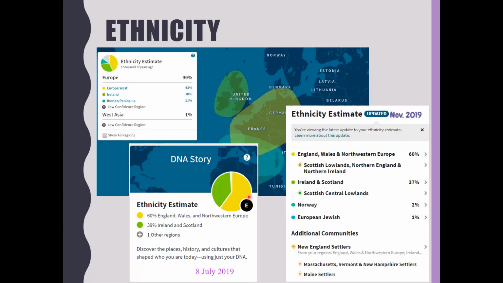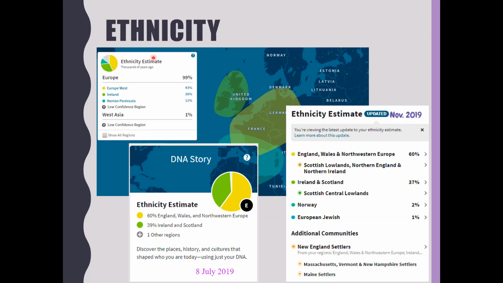So ethnicity, they do update their ethnicity estimates. So this is my brother who tested at Ancestry for me. I paid for it. And basically, they've tinkered with their reference populations, but essentially it says that my family is all from Northwestern Europe.